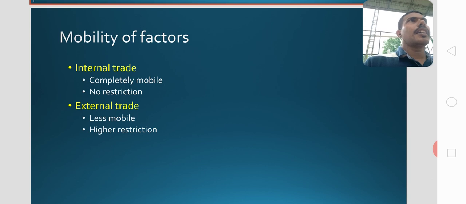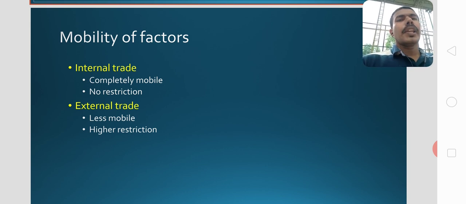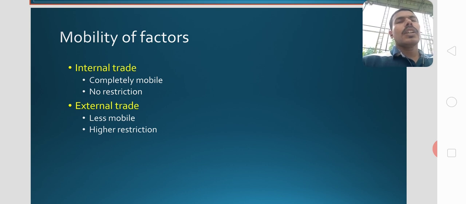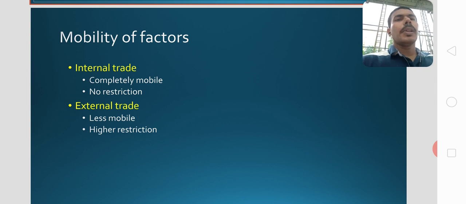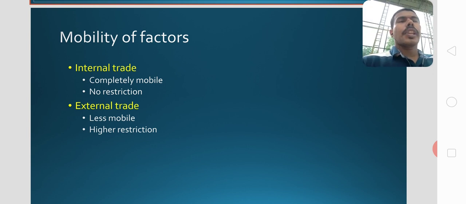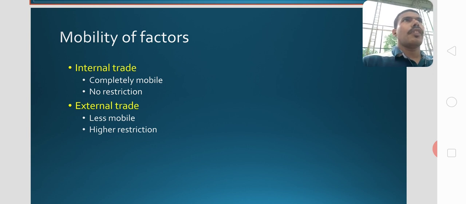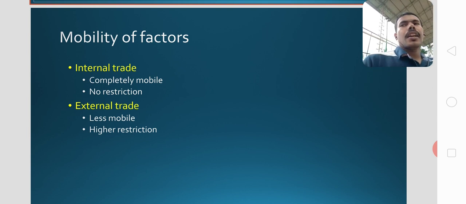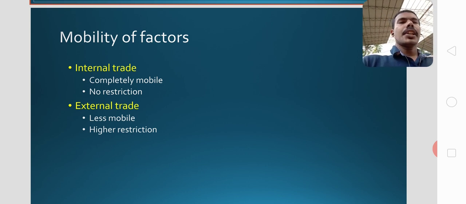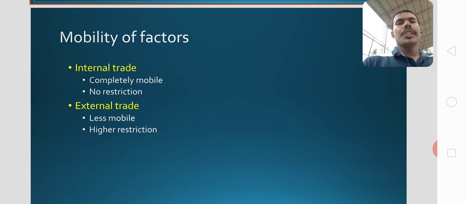No visa is required for coming from Rajasthan to Kerala and back. So there is no restriction for mobilizing labor, and for capital mobility, the financial market and the banking system in Kerala and Rajasthan are the same. That means capital is perfectly mobile within the nation.